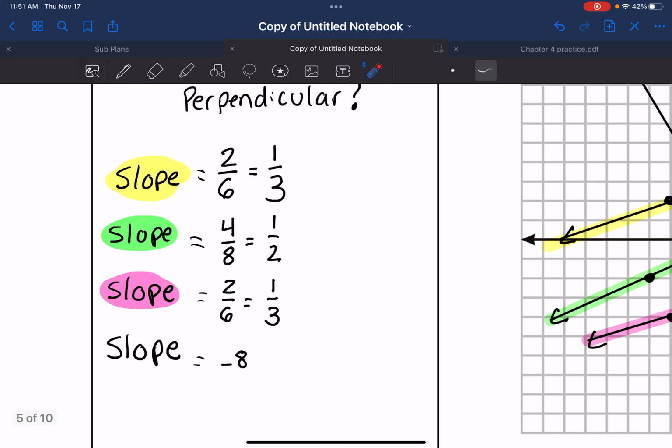Now I did go to the right, which means that's +4. And if I reduce that, take a 4 out of both of those, that would be a 2, and then that would be a 1, but you have to keep it negative, right? Okay, so now we know that the slope of that plane line is -2 over 1.